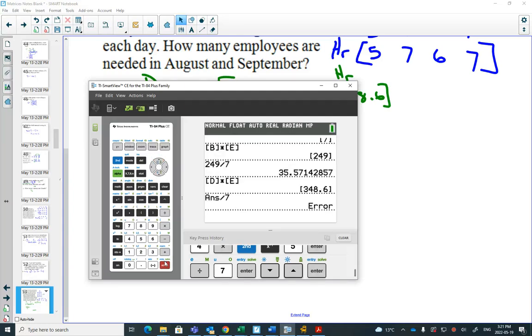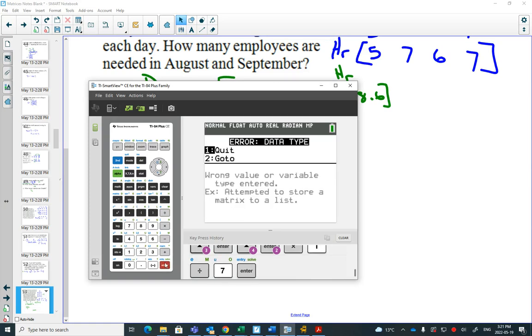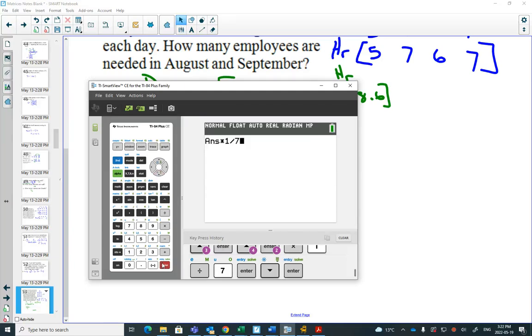You tried that? 348.6. Hey, watch this. Okay, clear. Let's say you had that answer, but instead of dividing by 7, we multiplied by 1/7. Oh, I thought it would work. Let's try with brackets.